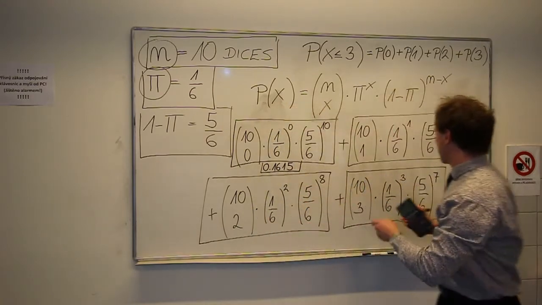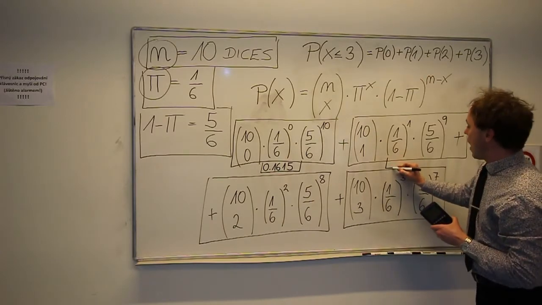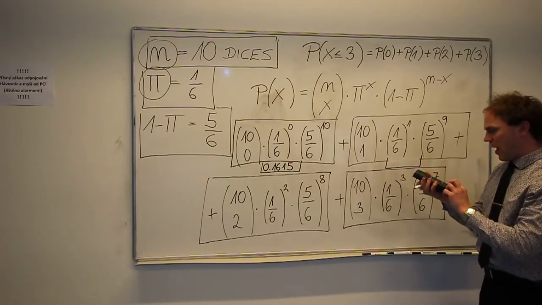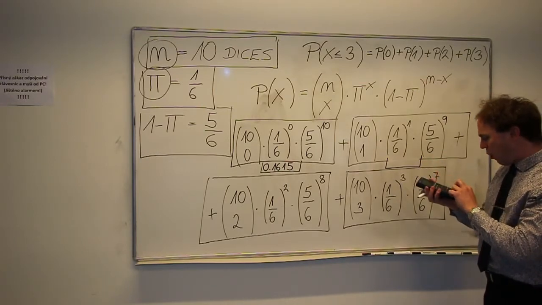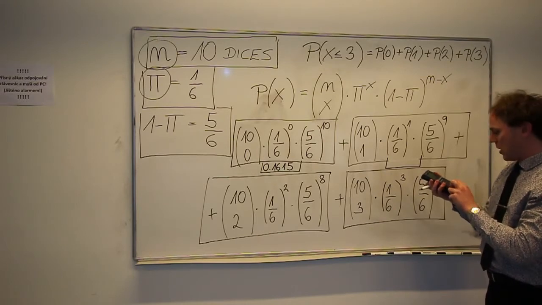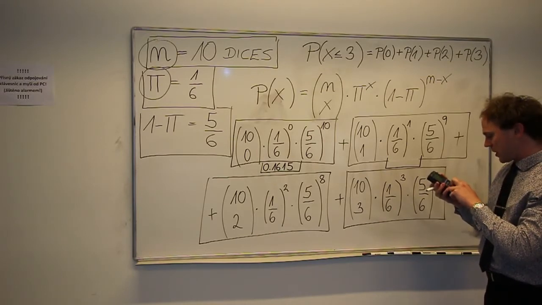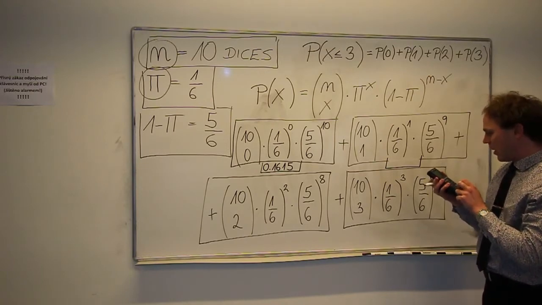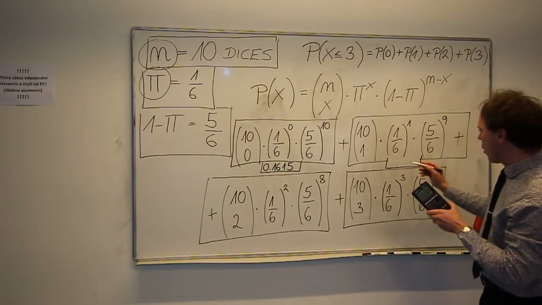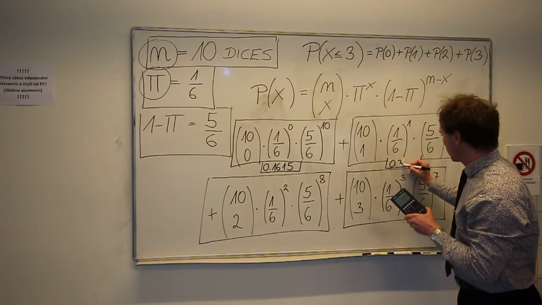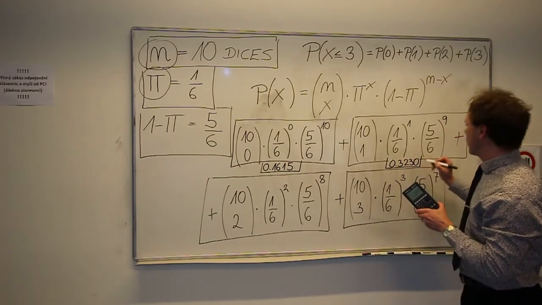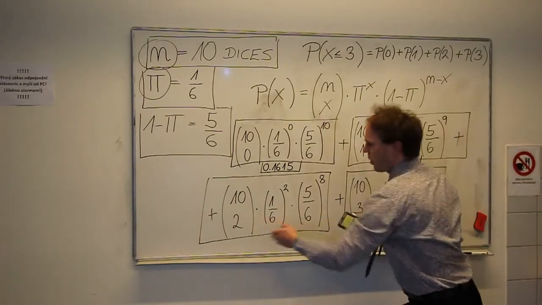Yes, this result will be written here. 10 above 1 times 1 divided by 6 powered by 1 times 5 divided by 6 powered by 9. 0.3230. And we can continue here.